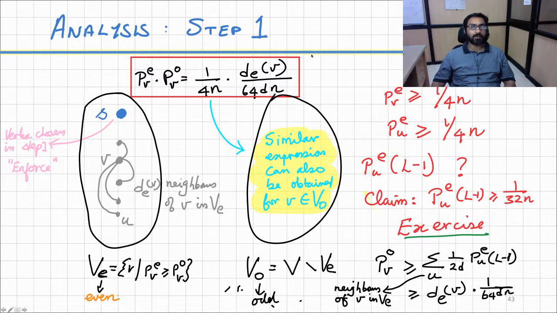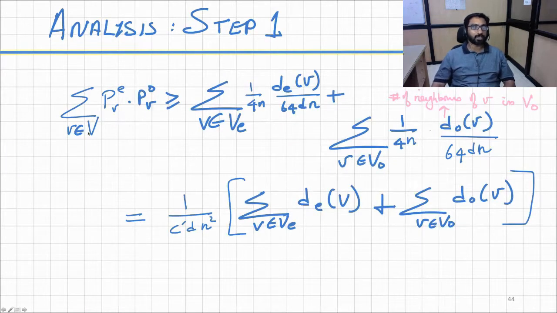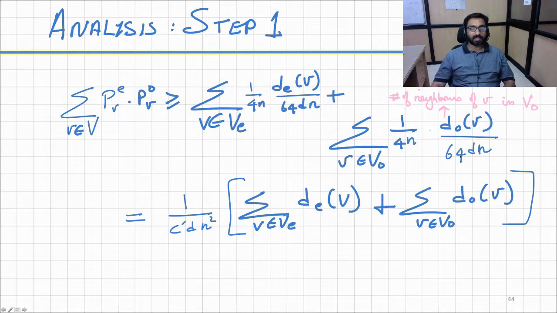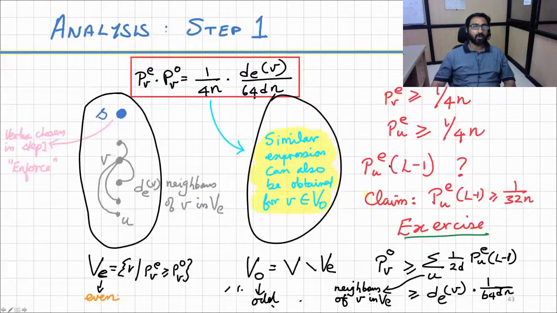So we can actually put this expression back into this larger summation. Remember, we were interested in the summation over all the vertices, PVE times PVO, and this summation is at least the sum of these individual summations. The first summation is simply based on what we have over here, and the second summation is what we would have if we considered the vertex V to be drawn from here.